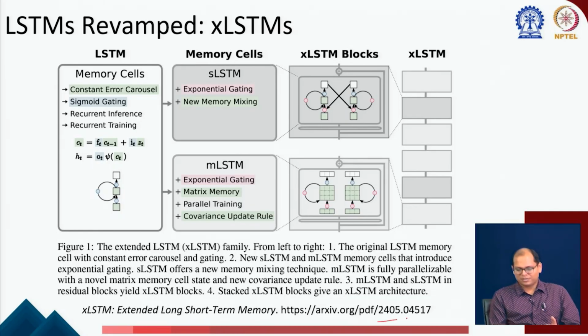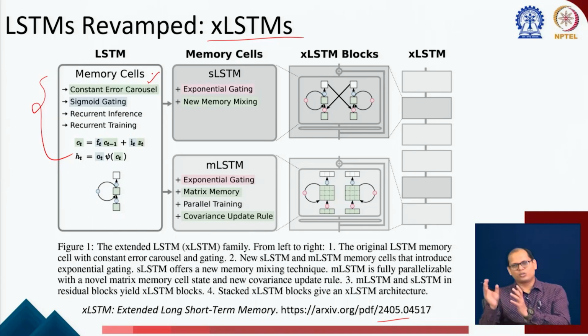This was a paper from 2024, where they revamped LSTMs and called them xLSTM. This is the typical LSTM where you have this solid state, the constant error carousel, which helps us retain some information for a long time period, sigmoid gate and so on.